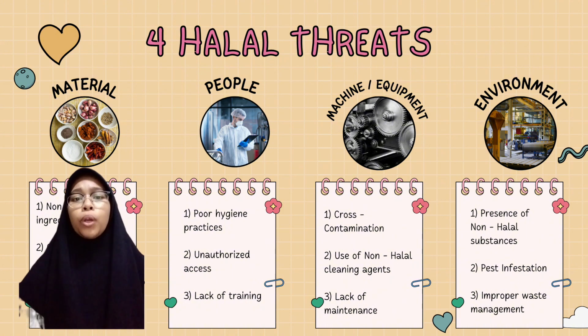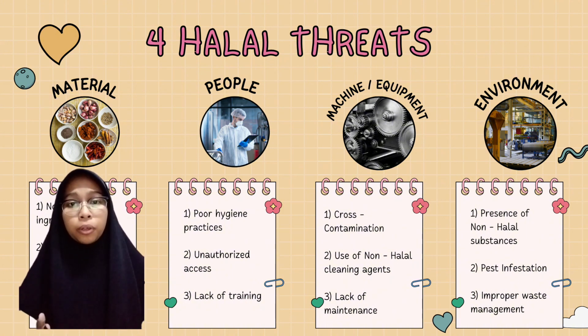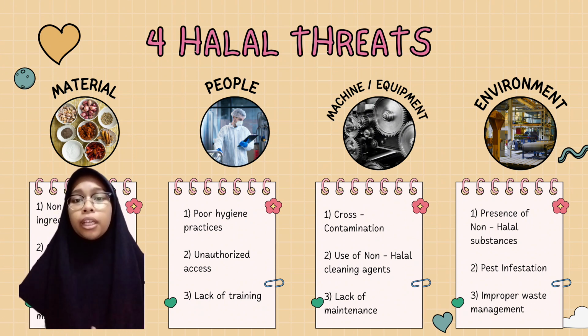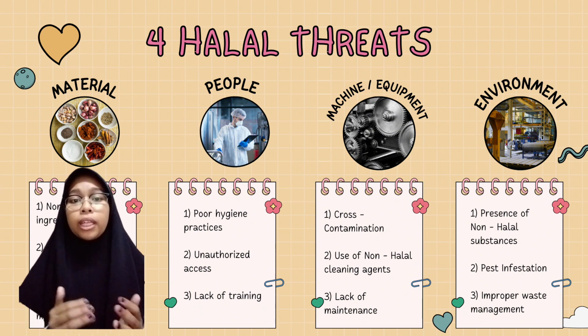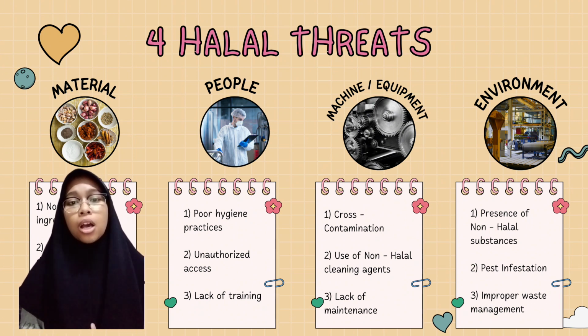For example, when the workers use a machine that had been used for non-halal products before without performing sertu, then machine can also be halal threats when it has lack of maintenance. For example, machines that are not properly maintained may compromise halal integrity.